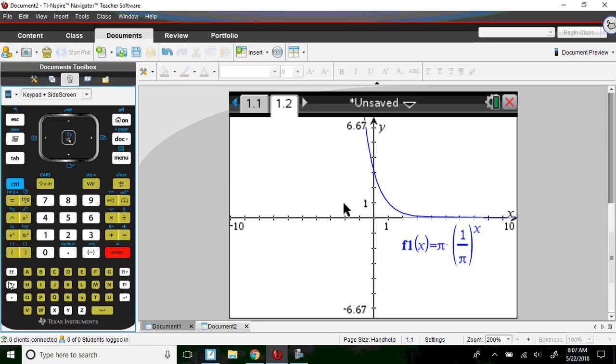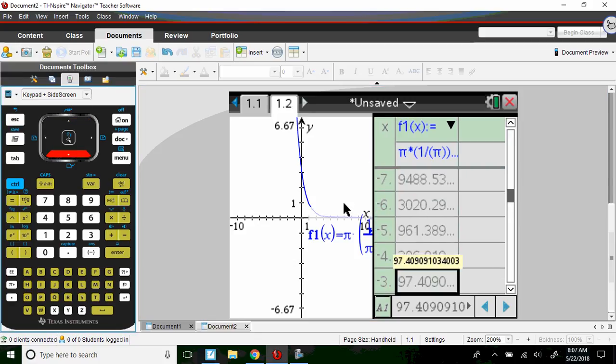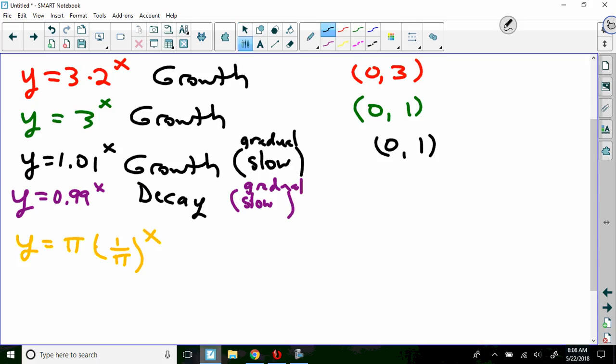And it's pretty rapid decay, because the decay rate's about 67%, and that's another story we'll talk about in a minute. What's our y-intercept here? 3.14 approximately, or pi. So this is decay, and our y-intercept is 0, pi.